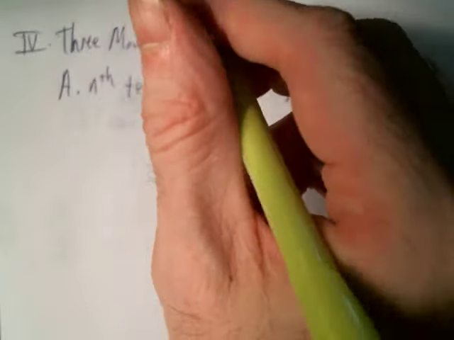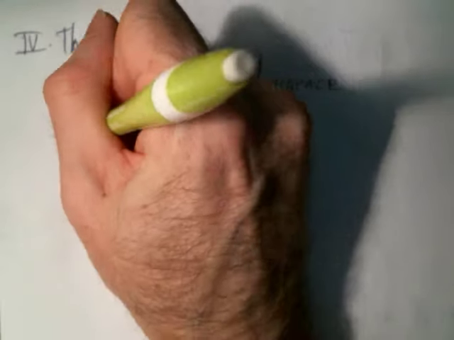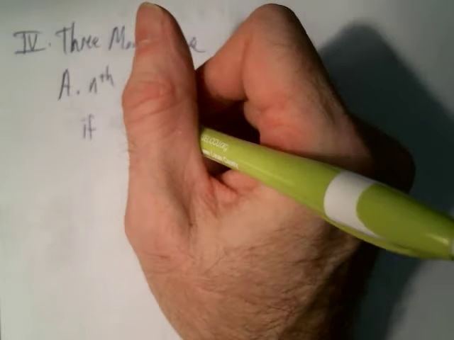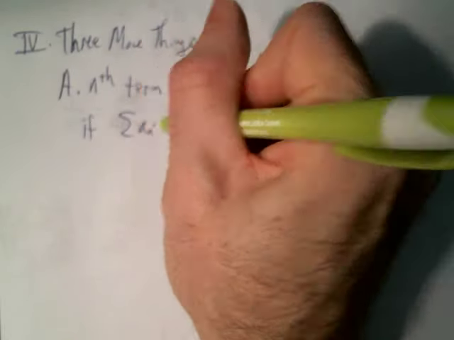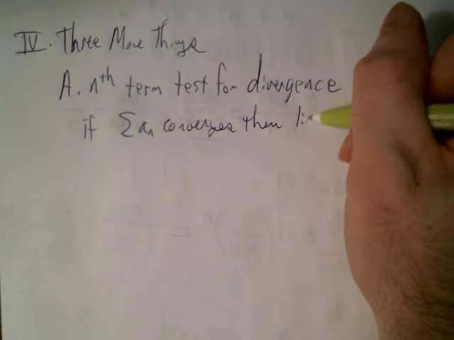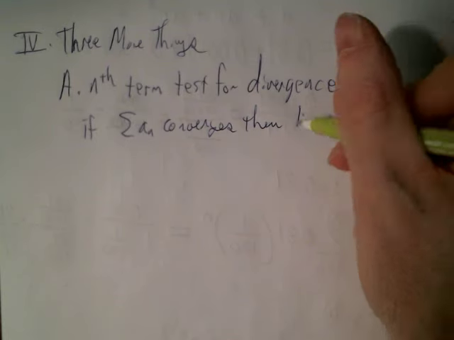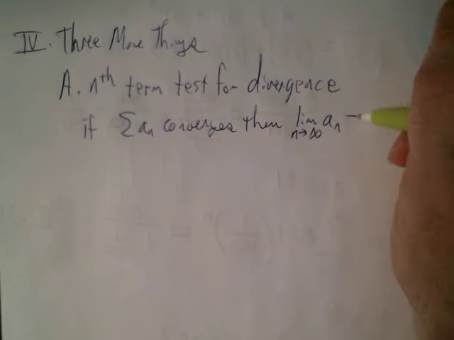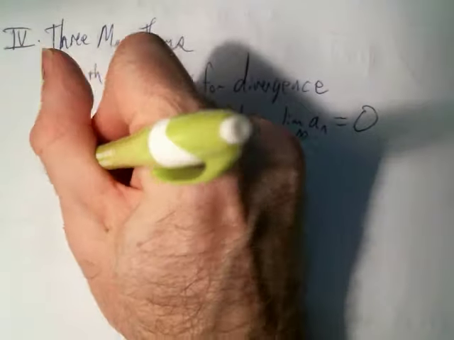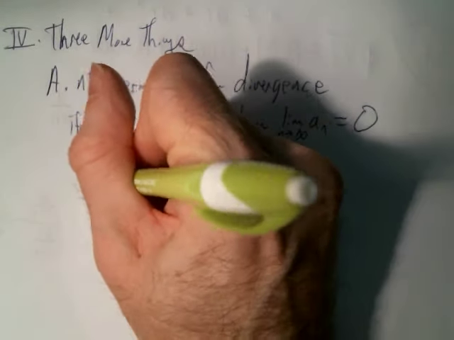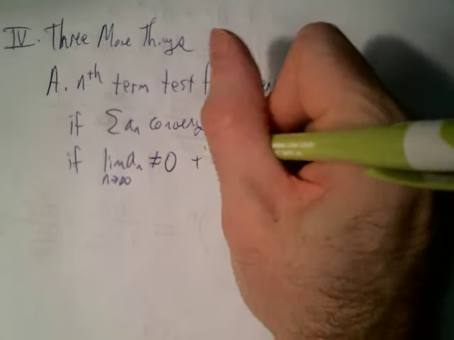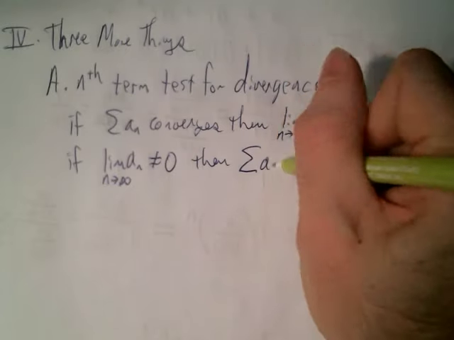So it says, basically, if the series a sub n converges, then the limit of the terms of the series as n goes to infinity is equal to 0. On the other hand, if the limit of the terms of the series as n goes to infinity is not 0, then the series is divergent.